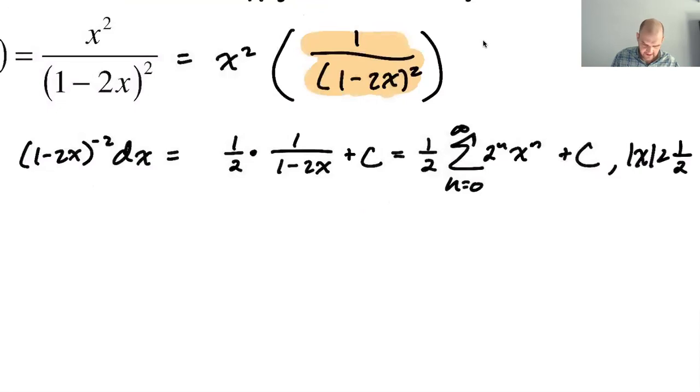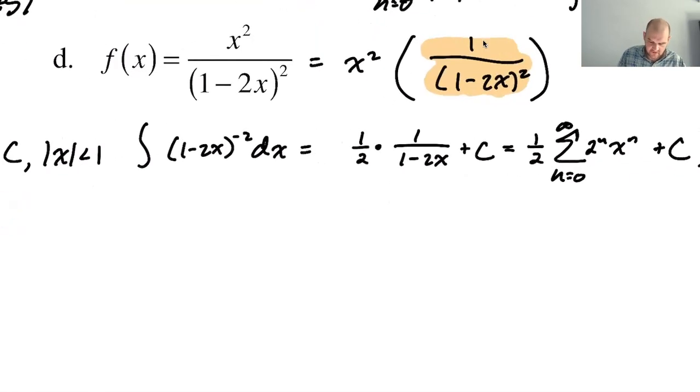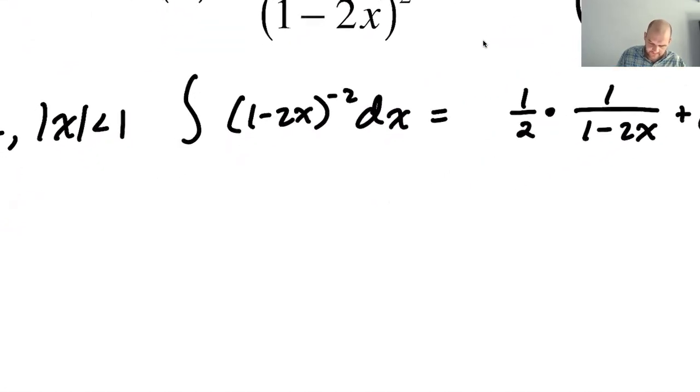And then that's for the integral. So I'm going to take the derivative, right? So the derivative of the integral is, okay, d/dx of this thing, I'm going to copy and paste.